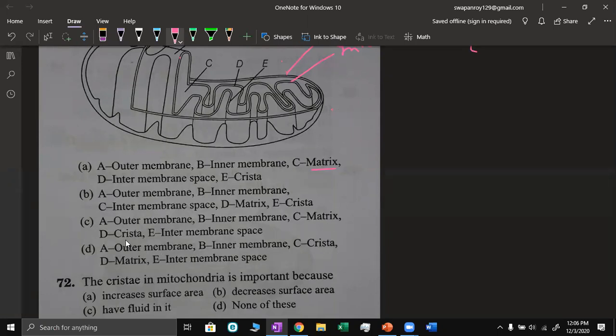Actually, C should be the matrix. That is true.